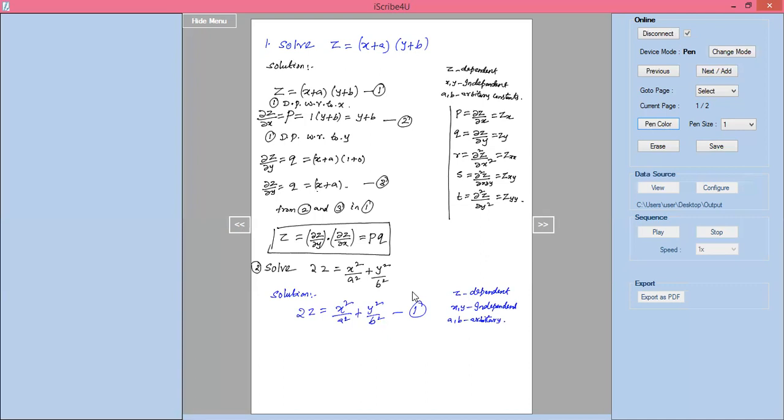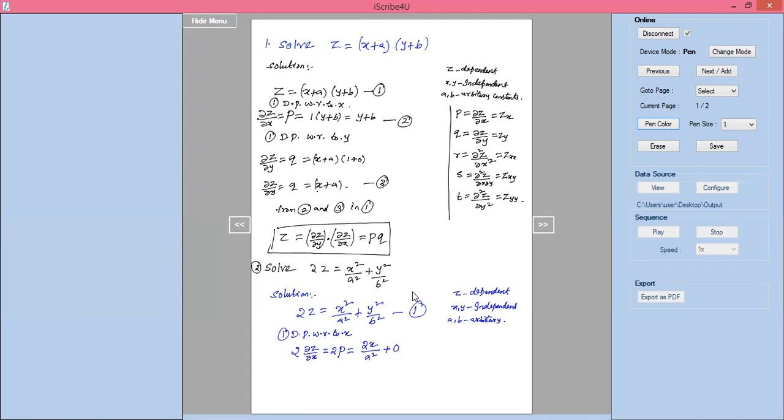Now, differentiate equation 1 partially with respect to x. If you differentiate with respect to x, 2 into the differentiation of z is dou z by dou x. That I'll write as 2p, where dou z by dou x is p. 2p equals the differentiation of x square, which is 2x by a square; y square by b square is 0.